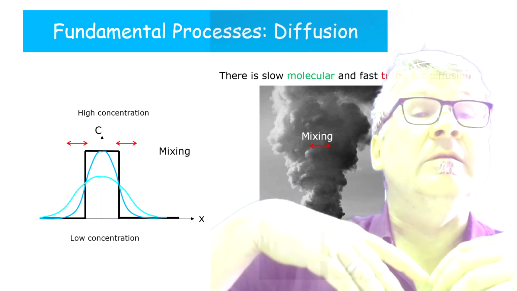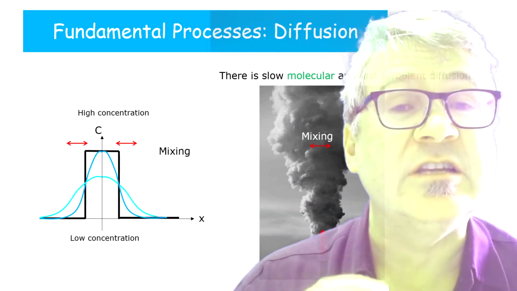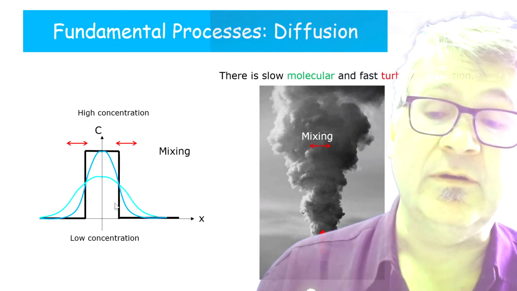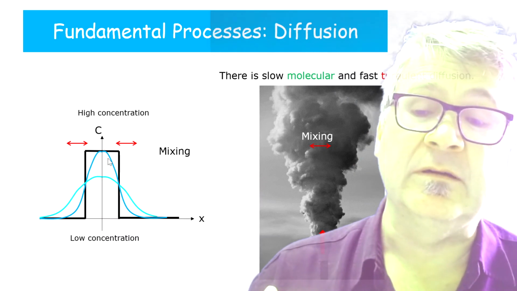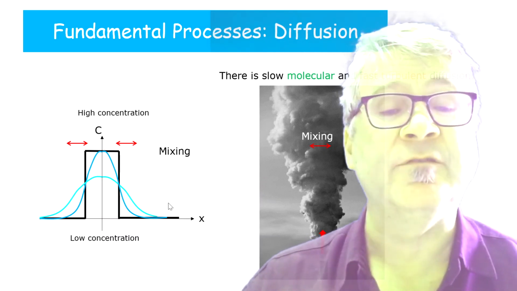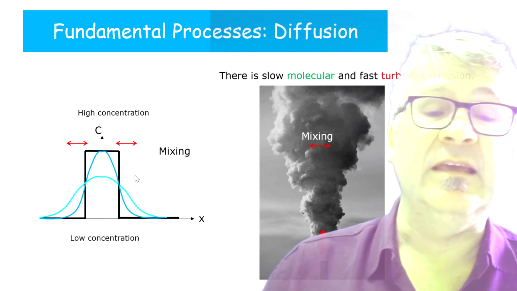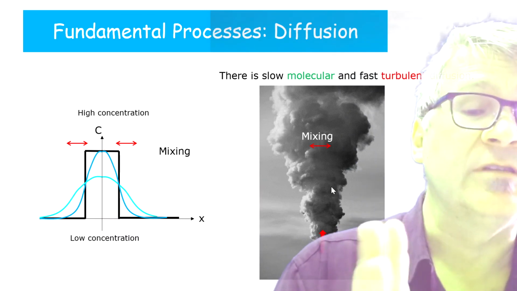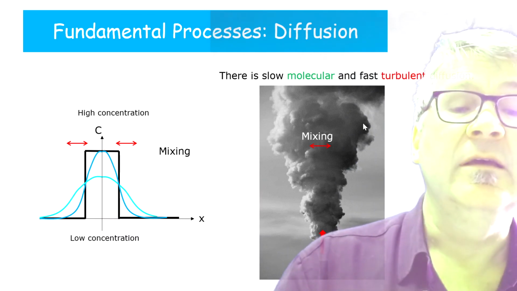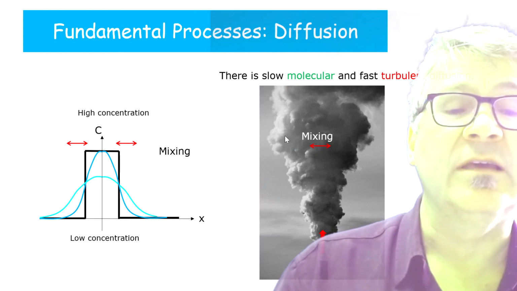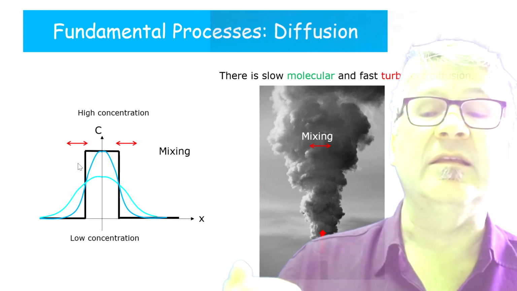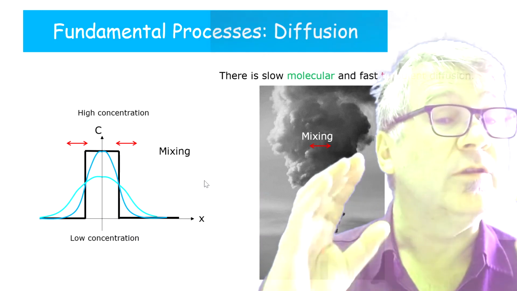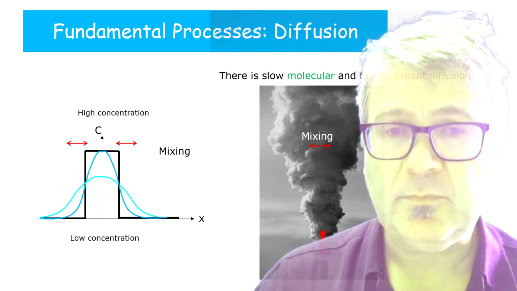And what the diffusion does, it will smooth away the sharp corners. So you get these light blue curves after a while. In the example of the smoke plume, this is just the distribution of how it looks at higher levels. You go away from the source to higher levels, and then you get a smoother distribution. And this is what diffusion does.